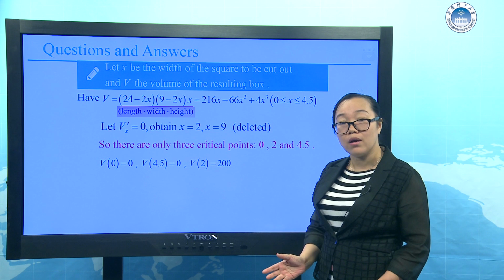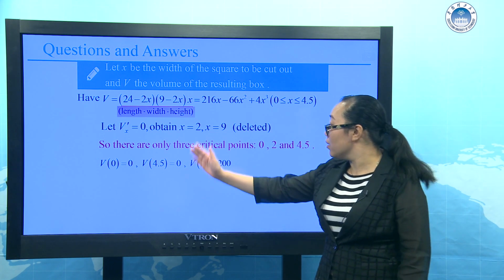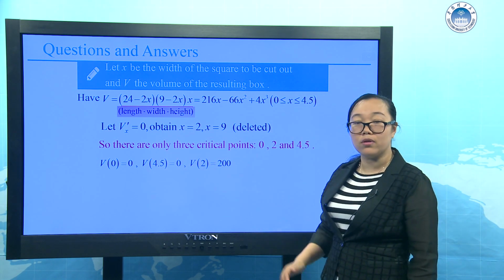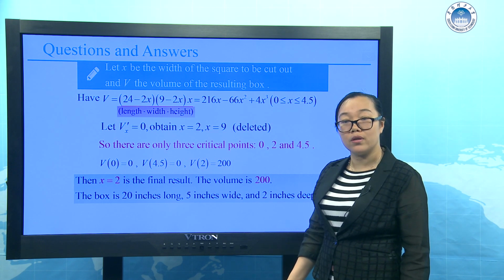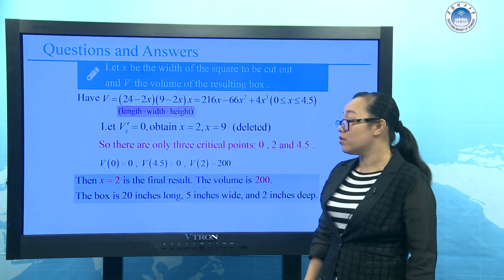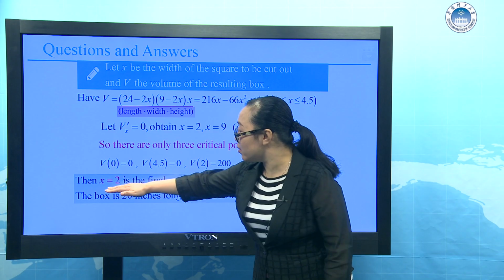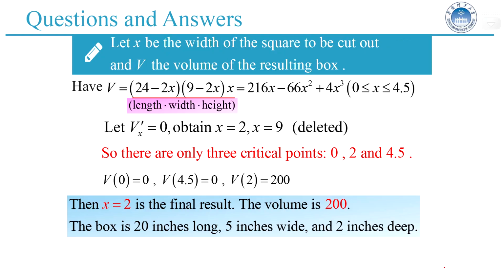Now, compare the 3 values: 0, 0, 200. Of course, 200 is the maximum. So, x equals 2 is the final result. The corresponding volume is 200. The box is 20 inches long, 5 inches wide, and 2 inches deep, corresponding to the 3 dimensions.